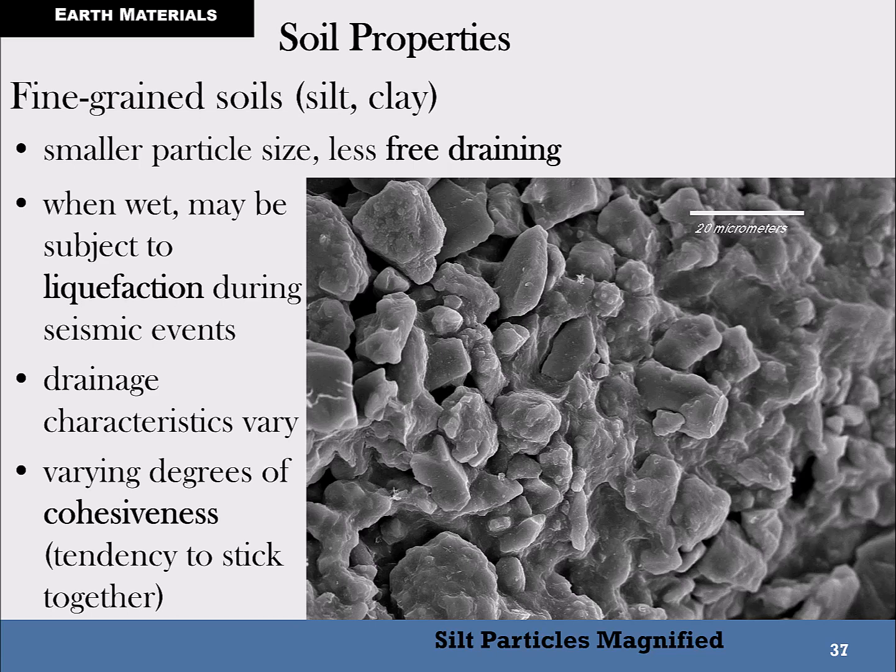Now, when we're talking about particle size, if we had a perfect cube of stone, a 12-inch by 12-inch by 12-inch cube, we have a 1 cubic foot cube, and it's all perfectly cut.